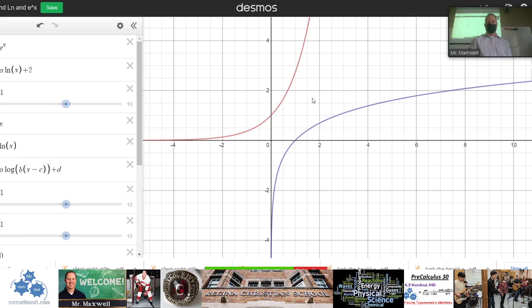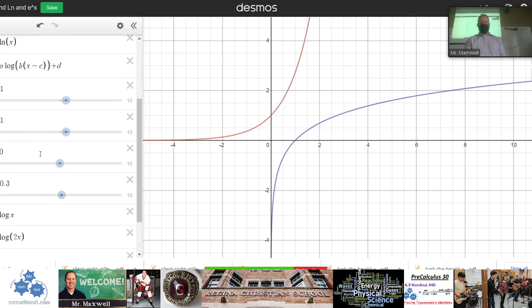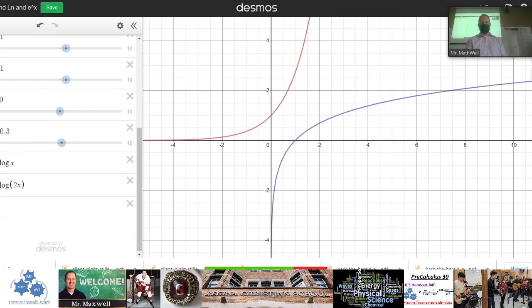Notice that it is the inverse of y equals e to the power of x here. Okay. A regular old log base 10 looks like this. Okay. So log base 10 is a little flatter, but it varies the same.